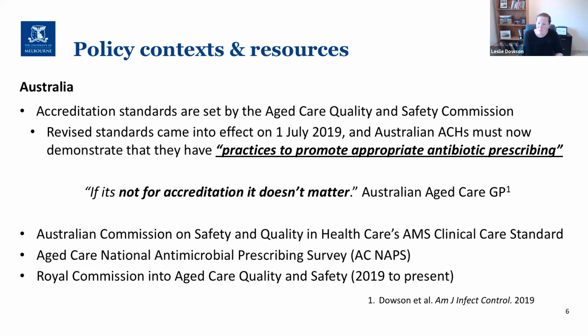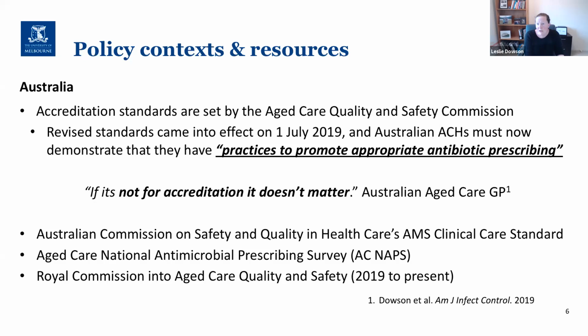And part of that, they put together a bunch of resources to recommend in order for aged care homes to meet the new standards. They include such things as the Australian Commission on Safety and Quality in Healthcare AMS Clinical Care Standard, encouraging participation in the ACNAPS survey yearly.